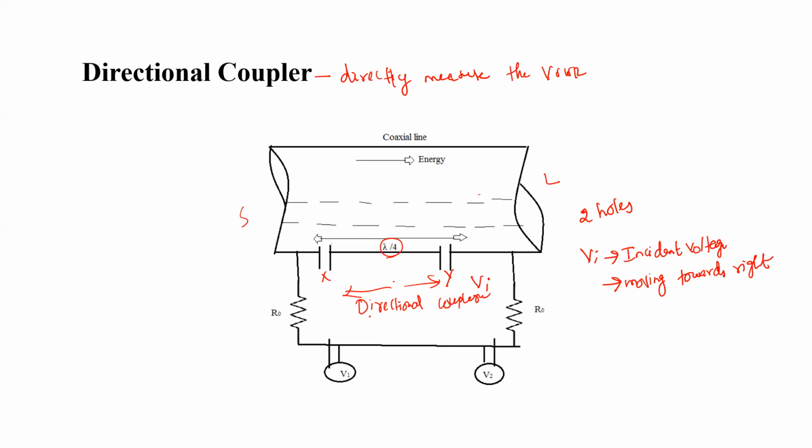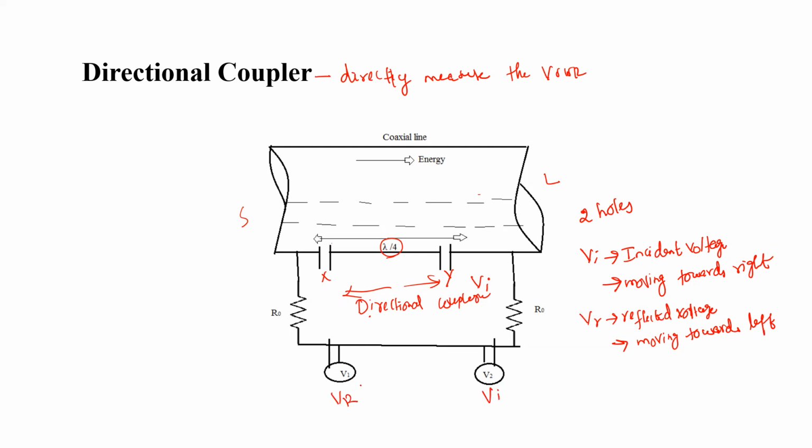Next, similarly, a part of the energy will be moving towards the left. We are representing it as the reflected voltage. And this reflected voltage is the voltage which is moving towards the left. So this is VI and this is VR.